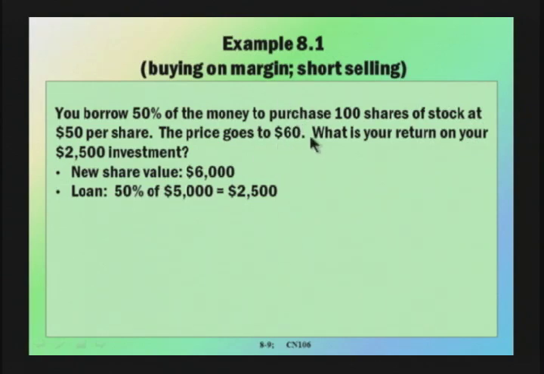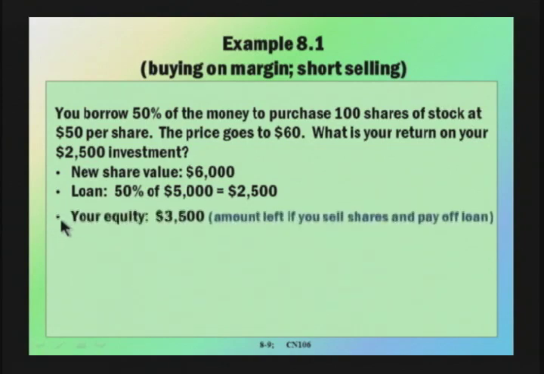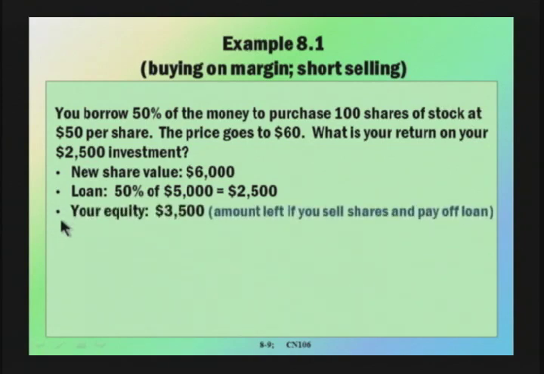When the stock price goes up to $60 per share, our 100 shares are now worth $6,000. We borrowed $2,500. When the share price goes up, my loan amount stays the same, $2,500. So at the point where my stock is now worth $6,000, I could pay off the $2,500 loan and walk away with my equity of $3,500.